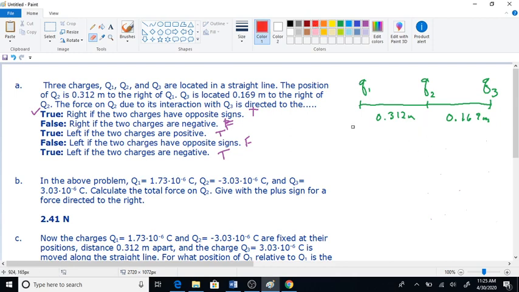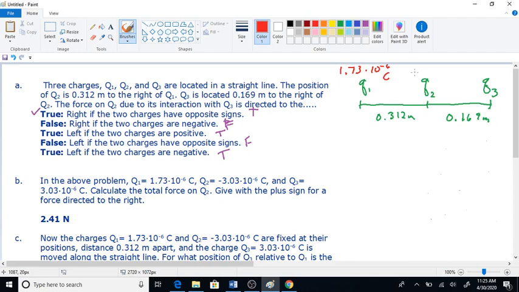Alright, here we go. Let's put the size of the charges on there. It says Q1 is 1.3 coulombs, and that's the correct unit for the formula we're going to use, Coulomb's law.